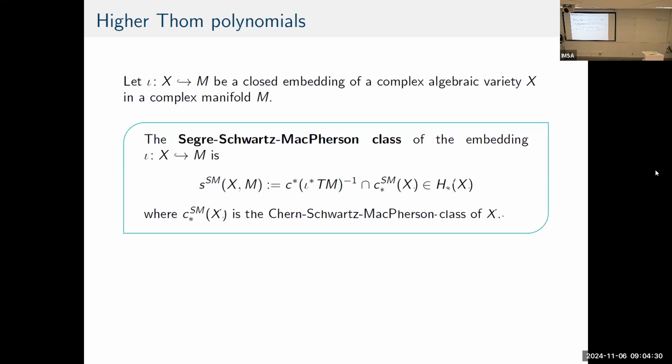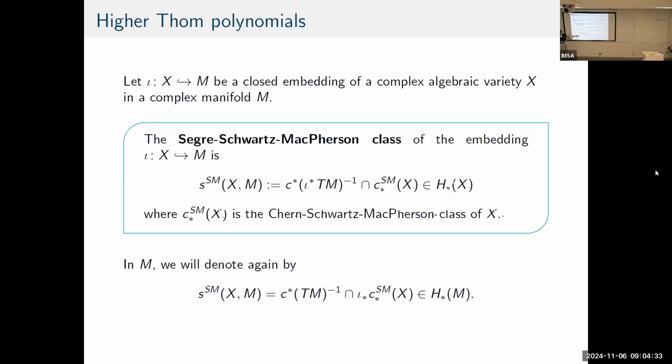So now I will denote it in the same way, but we can reformulate this class to have a homology class on M. Okay, so this will be the Segre class, but in M. I will use the same notation at some point.